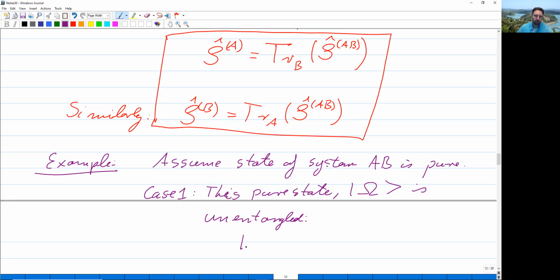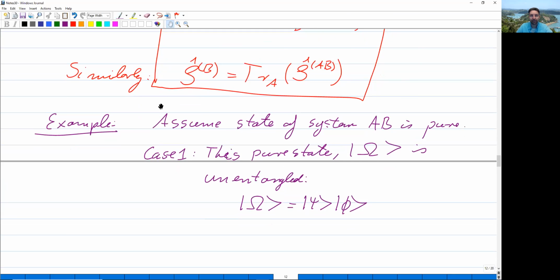So we can write omega as psi phi. Should be a tensor symbol, but it's implied. By the way, the notion of entanglement or not entanglement is more tricky when system AB is in a mixed state. And we won't go into the details of that. We will always assume that our total system is in a pure state.